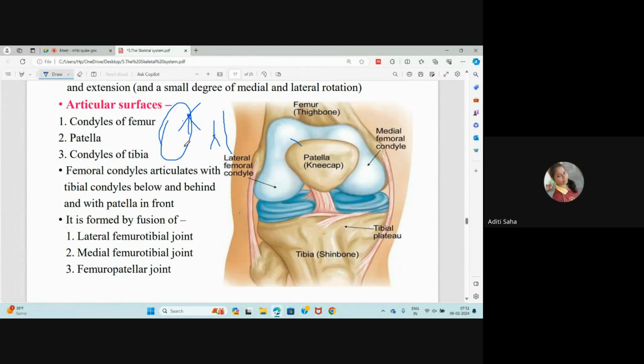If we assume this circle as his right leg and this joint as his left leg, then the midline will reside in between them, right?